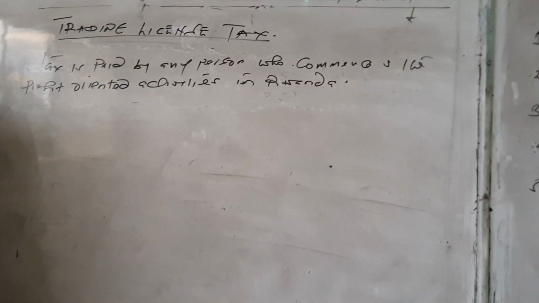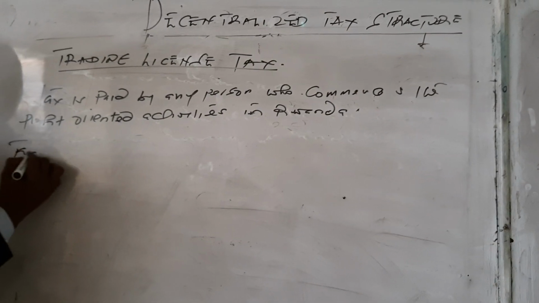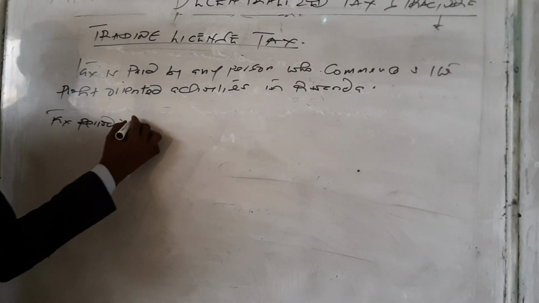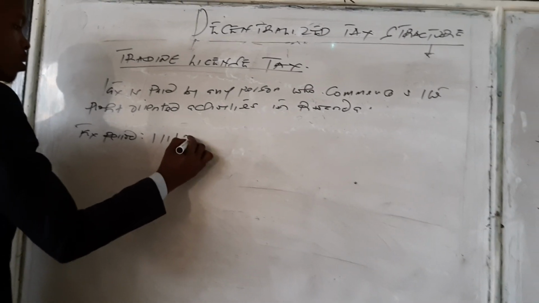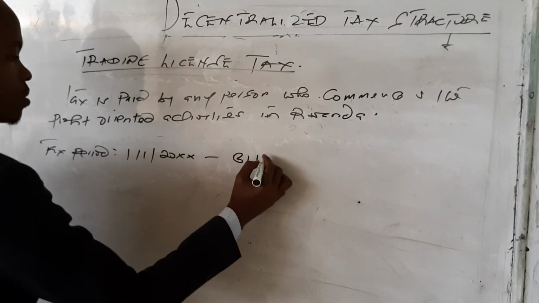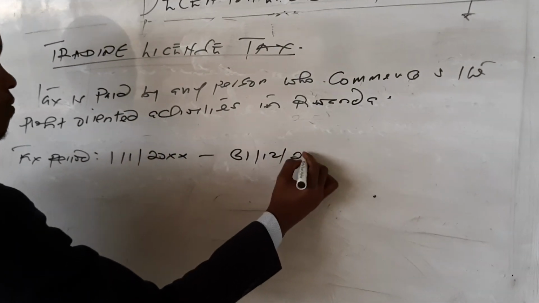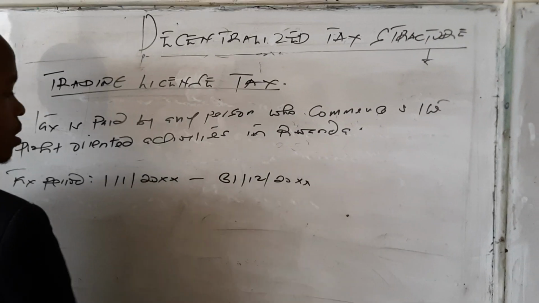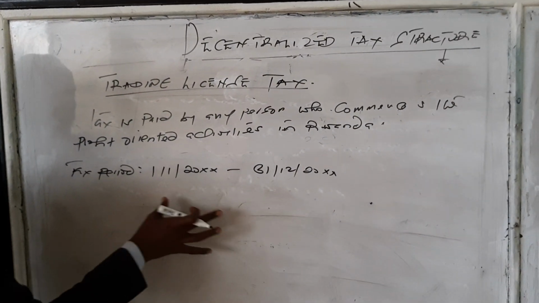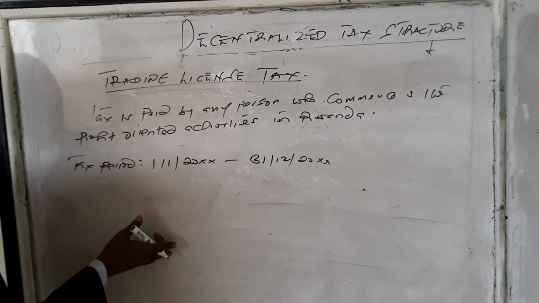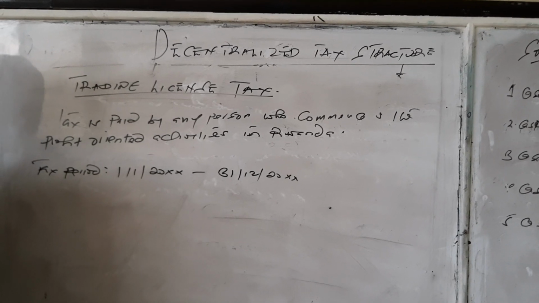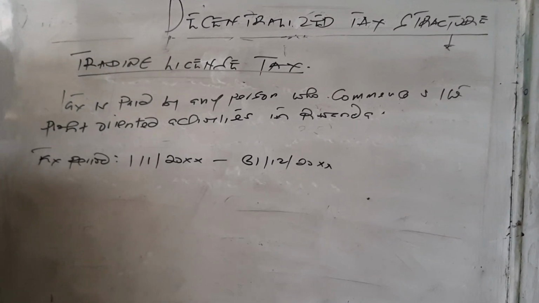So we need to know the tax period. The tax period is always 1st of January of a certain year to 31st of December of that same year. So you need to pay the trading license to cover the time of operation in which you are conducting your business.